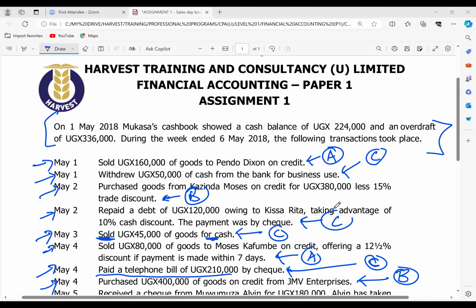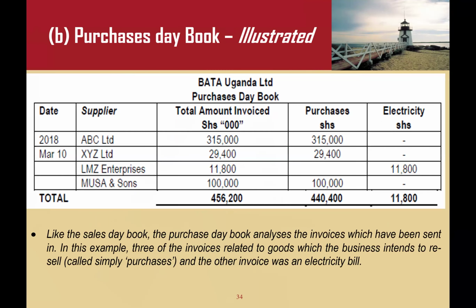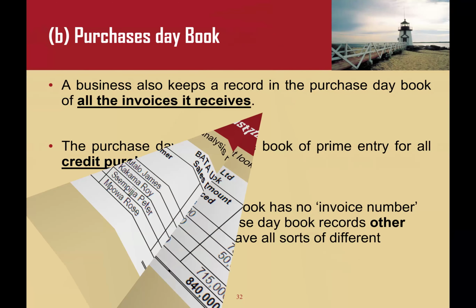So we are going to prepare, take a picture and share in the WhatsApp group. Okay? Everybody, get to work now. I want you to prepare your own sales day book, take a picture and share in our WhatsApp group. This is the format of the sales day book.